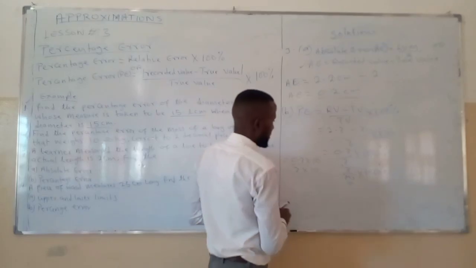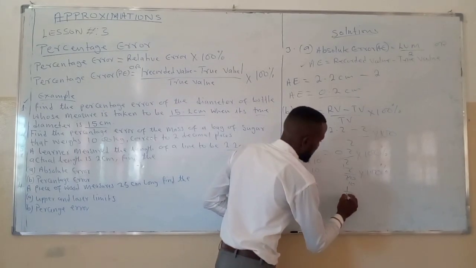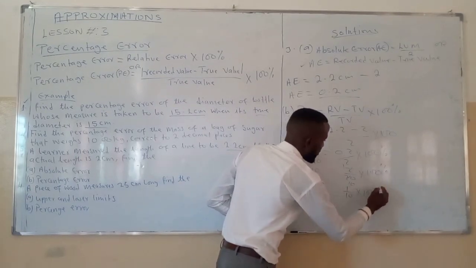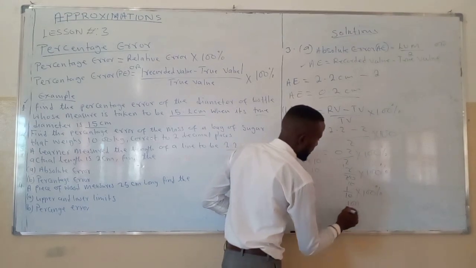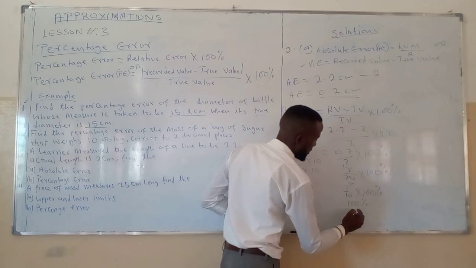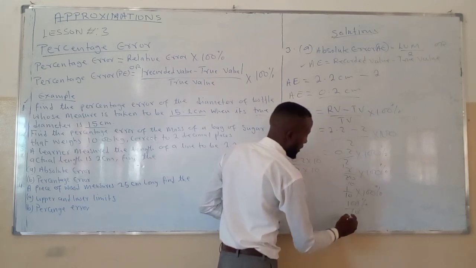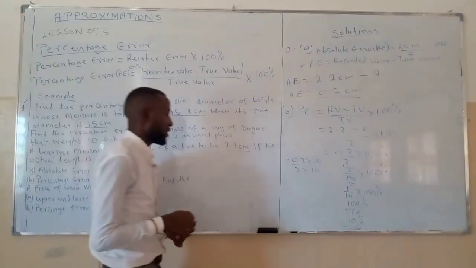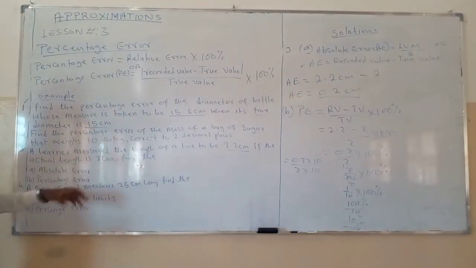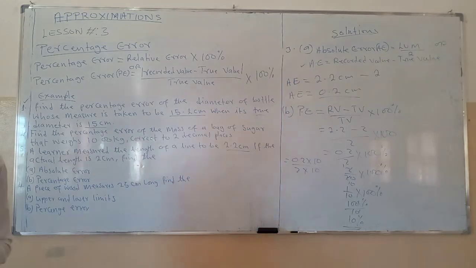It cannot make sense. So we have 1 over 10 times 100%. We divide by 10, cancel this, so we have 10%. So 10% is our final answer. The percentage error is simply 10%.